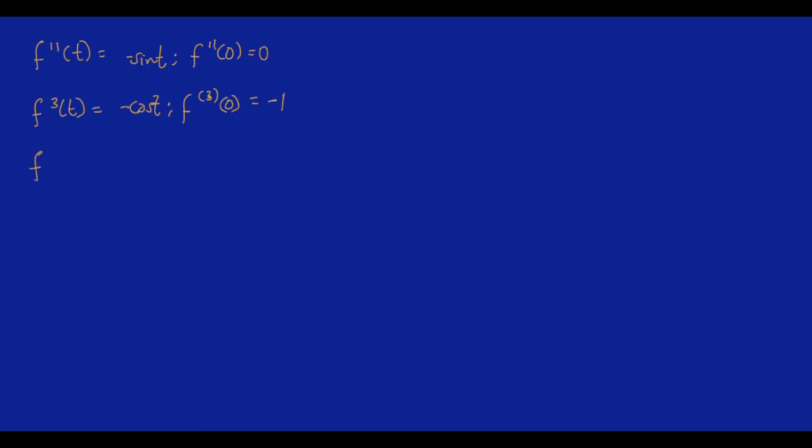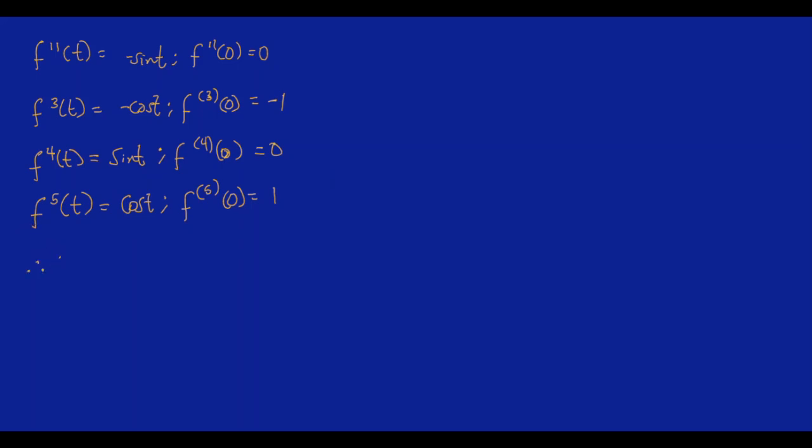The fourth derivative follows through, and that becomes sine t once again. And at t is equal to 0, we have this to be equal to 0. We evaluate the fifth derivative, you can see that this becomes cos t, and at t is equal to 0, we have the value as 1.